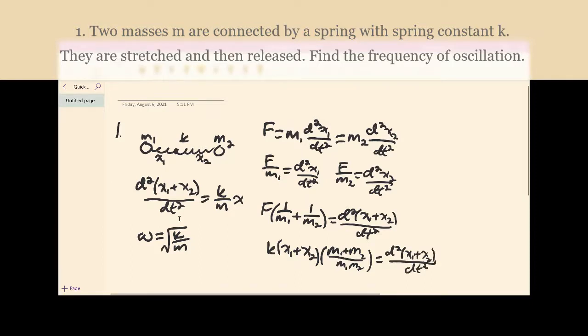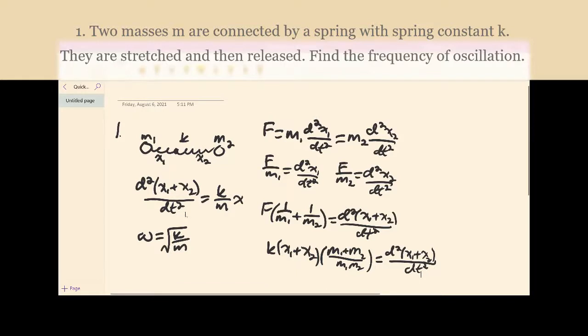So now we can look at this expression in the form of k over m times x. In this case, x would of course be x1 plus x2, because that's the same expression that appears in the d squared (x1 plus x2) over dt squared part.